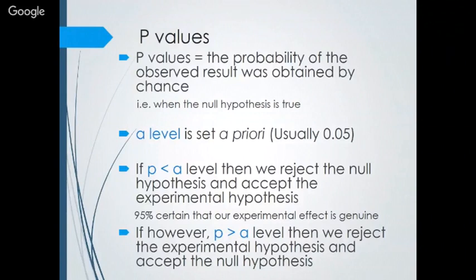Then if the p-value is greater than the alpha value, we reject the experimental hypothesis and accept the null hypothesis. If the p-value we got is greater than 0.05, we reject the experimental hypothesis and accept the null.